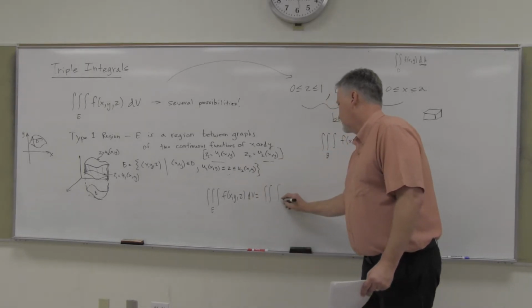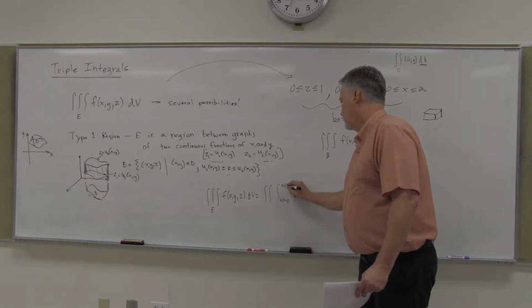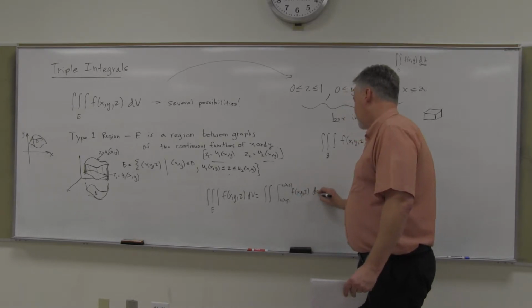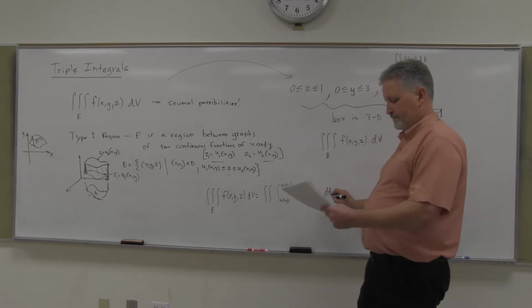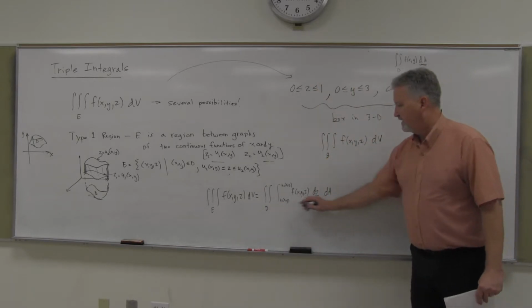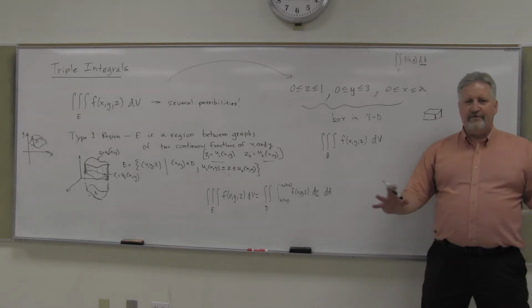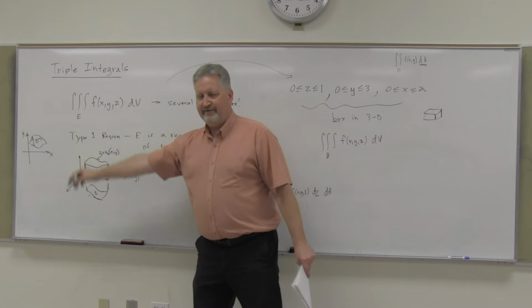So go from u1 of x,y to u2 of x,y. Z's first. And then you can decide on the double integral that's left whether you want to do the x's first or the y's first. Like I said, it'll probably depend on what D really looks like there.